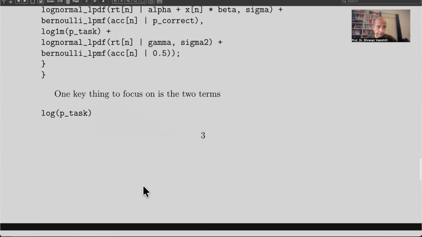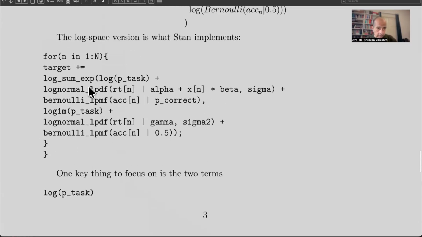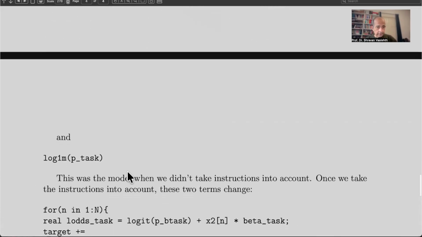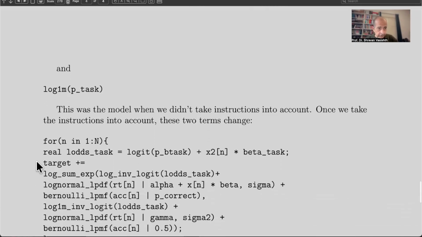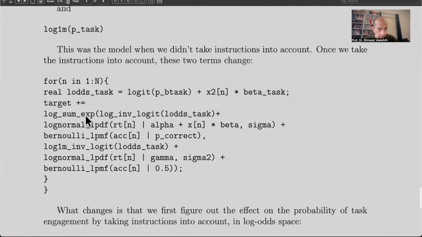So the change in the model is that instead of writing log p_task, we are going to write log inverse logit of log_odds_task. If you remember, I discussed at the beginning of this section how we produce the probability of task engagement on the log odds scale as a function of the instruction.